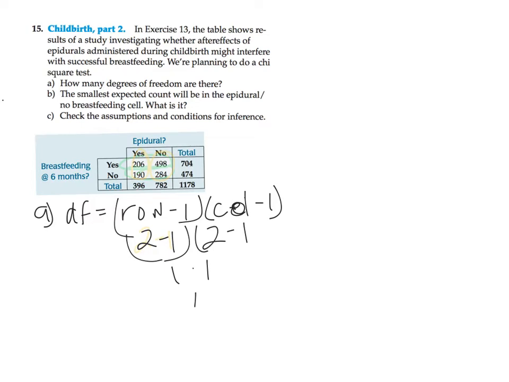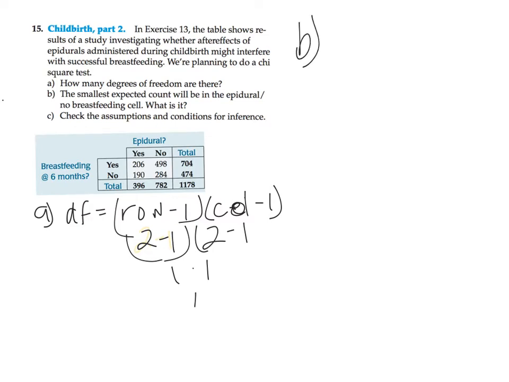Now the next question is, the smallest expected count will be in the epidural, no breastfeeding cell. What is it? These are typically good questions because they want you to actually calculate it by hand. So you want to know how to do it.